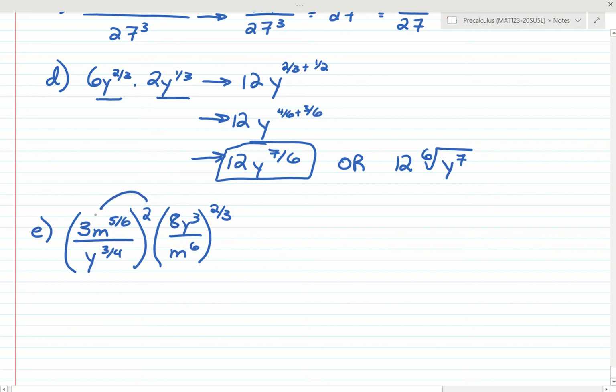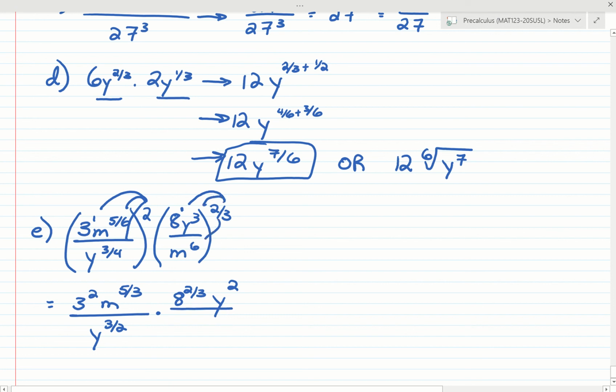Power of a product, we're going to distribute to these exponents. 3 to the 2nd. 5/6 times 2 is 5/3. 3/4 times 2 is 3/2. And we'll do the same thing with this one. 8 to the 2/3. 3 times 2/3 is 2. And 2/3 times 6 is 4.